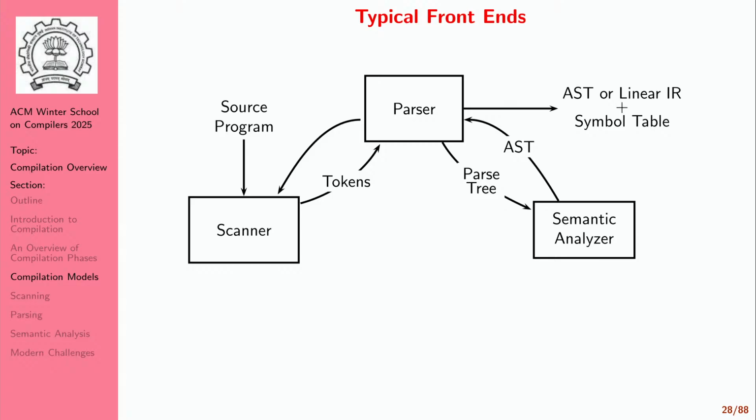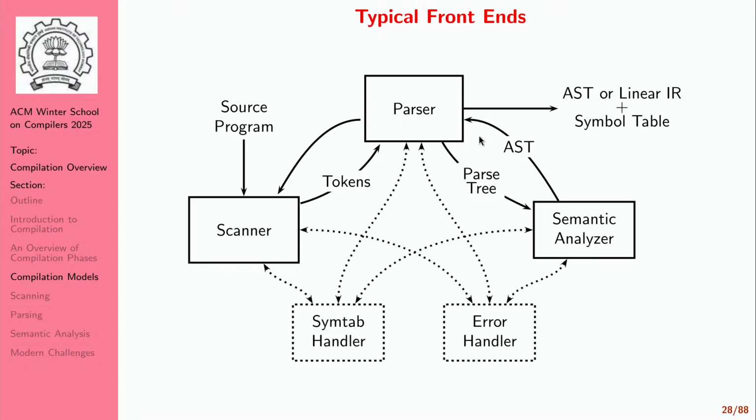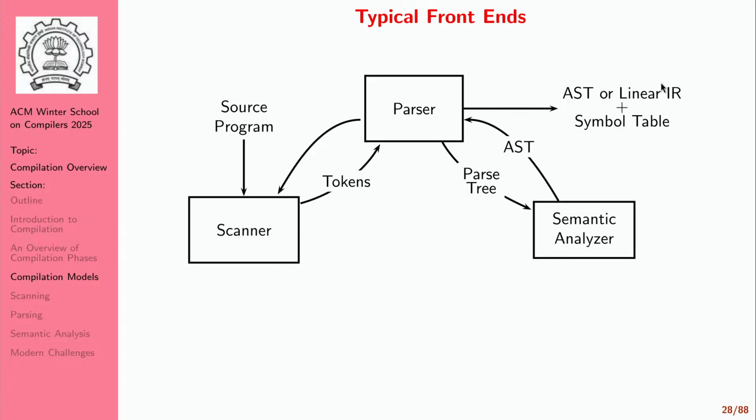Tell me whether this is semantically valid. Am I adding a number to a string? That's something the parser doesn't know. The semantic analyzer knows. So the semantic analyzer checks whether this is semantically valid. If it is semantically valid, it will return an AST as a data structure to the parser, and the parser will emit the AST or linear representation, three address code, plus the symbol table.